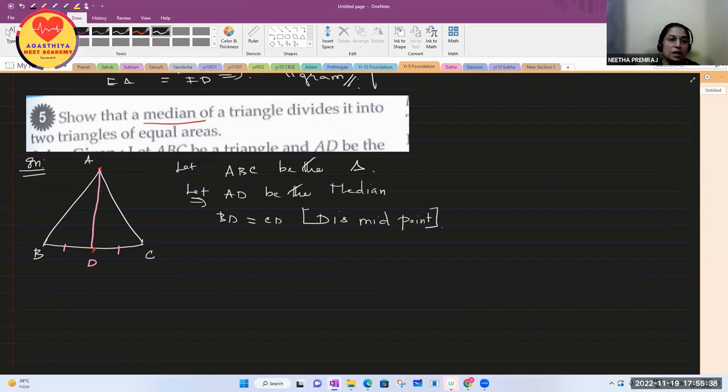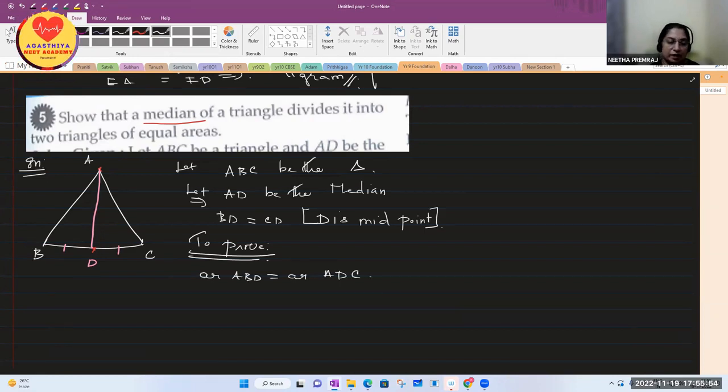You want to prove two triangles of equal areas, so to prove: area of ABD is equal to area of ADC.